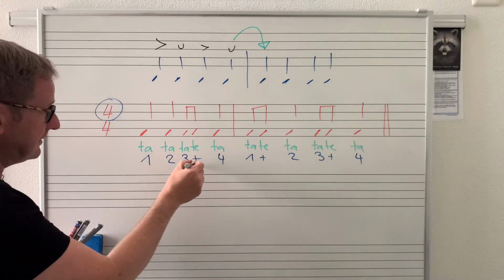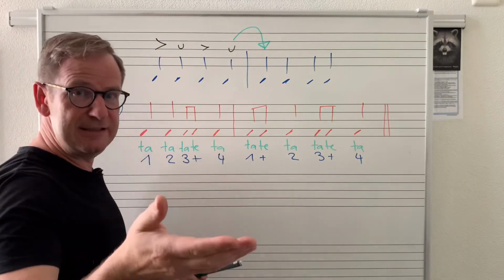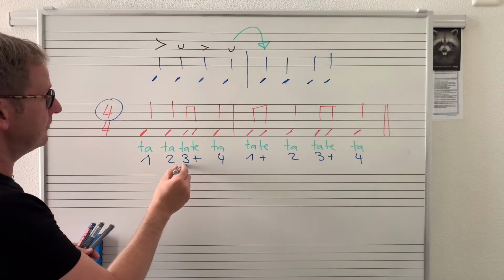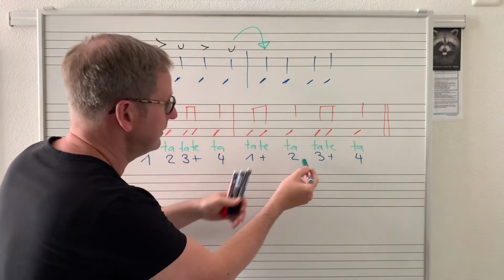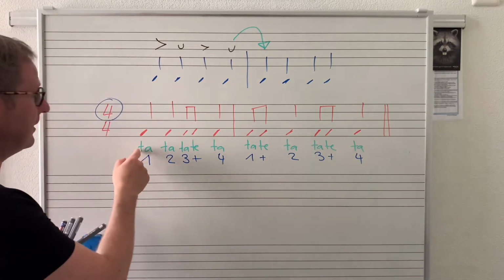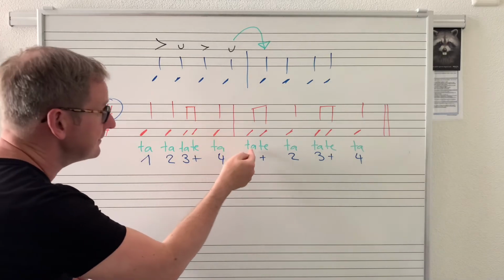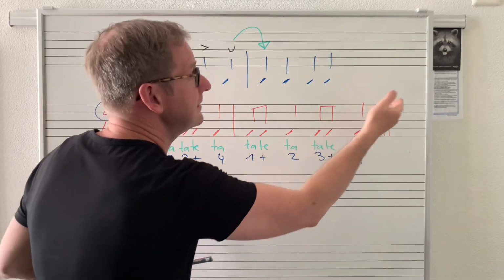Now, also this te here always had this leading function. 1, 2, 3, and 4. 1 and 2, 3, and 4. 1. Ta, ta, ta, te, ta, ta, te, ta, ta, te, ta, and so on.